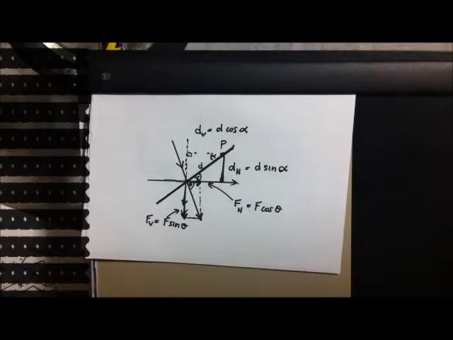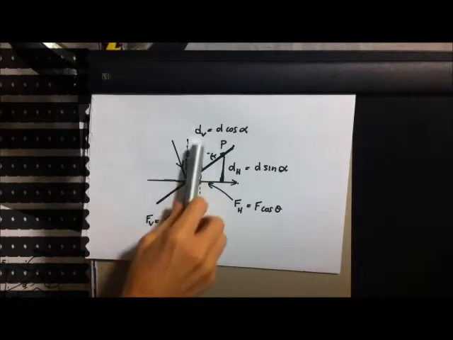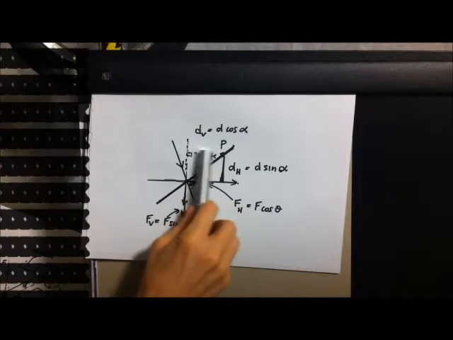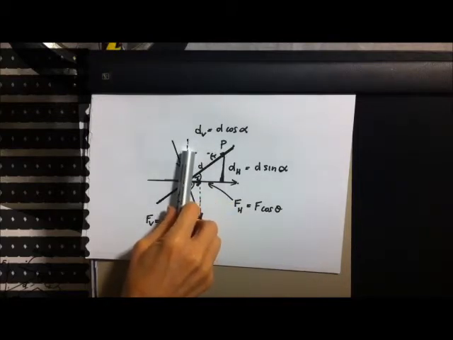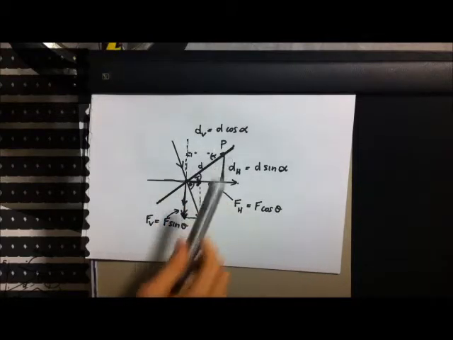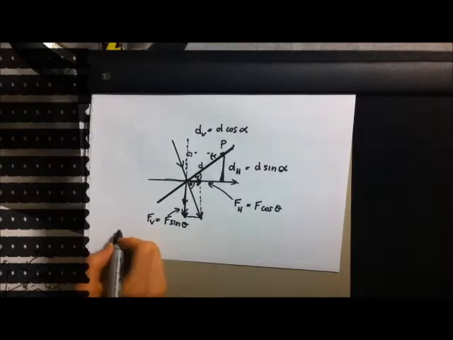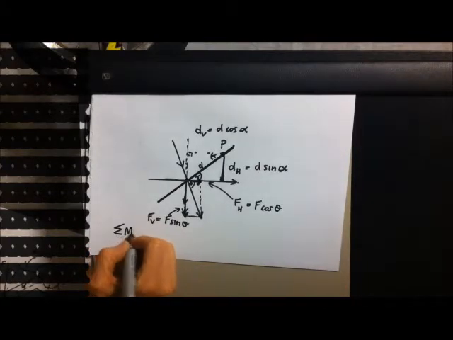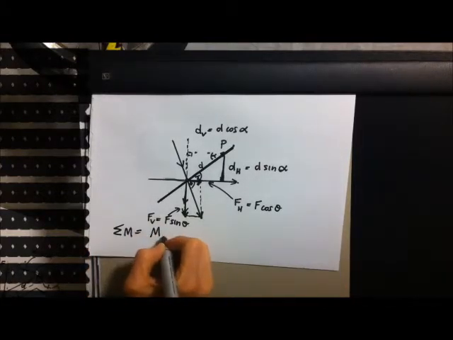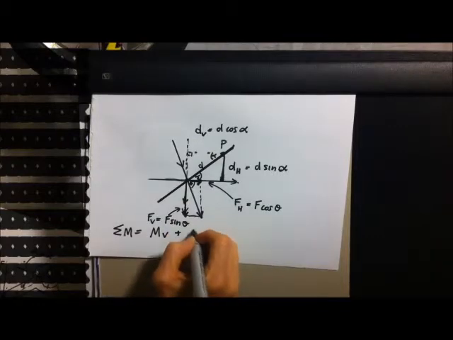So that's the trick in finding those moment arms. You take the line of action and then take the distance from the line of action, which is perpendicular, back to the pivot point.